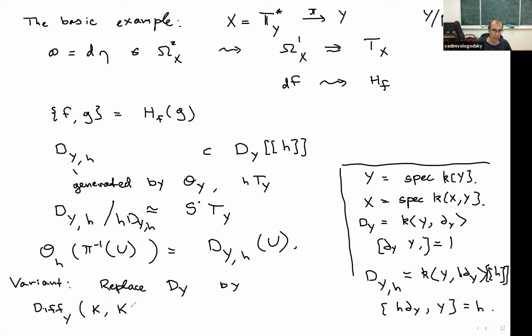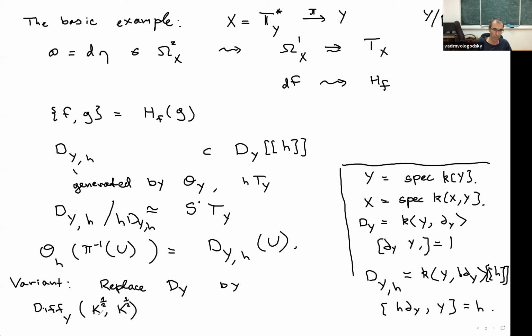So I can consider differential operators from sections of K to sections of K. Of course, you can generalize it even further. You can replace this line bundle by any power of this line bundle, and in fact, even by a fractional power. You can take any power which is an element of the base ring R. For example, you can consider differential operators from the square root of the canonical bundle to itself.